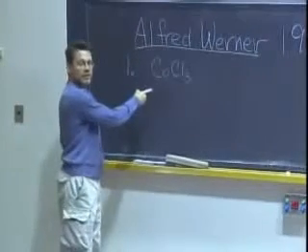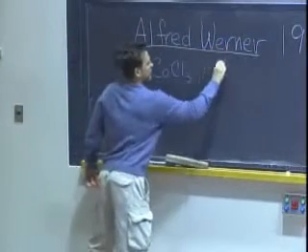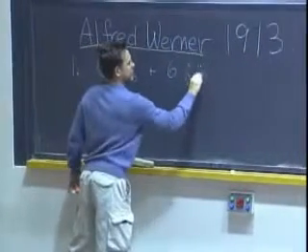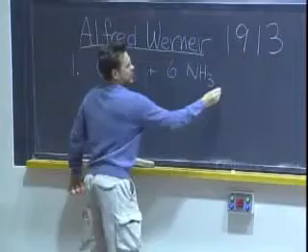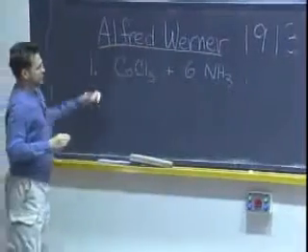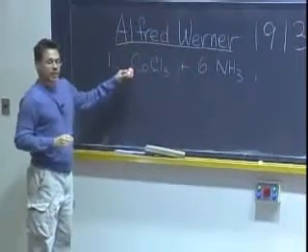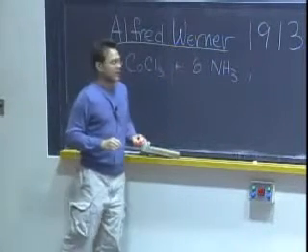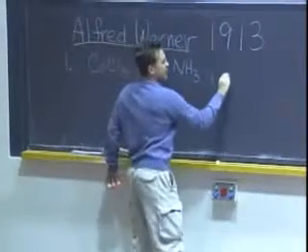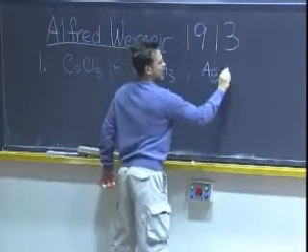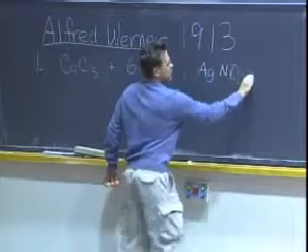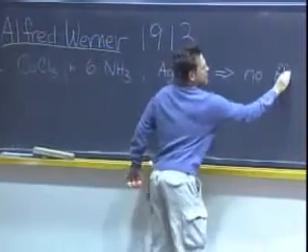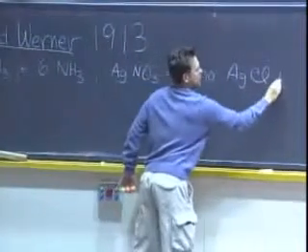This is cobalt trichloride reacting with 6 equivalents of ammonia, and observed that if to an aqueous solution of cobalt trichloride was added 6 equivalents of NH3 ammonia, followed by silver nitrate, that resulted in no AgCl precipitate.